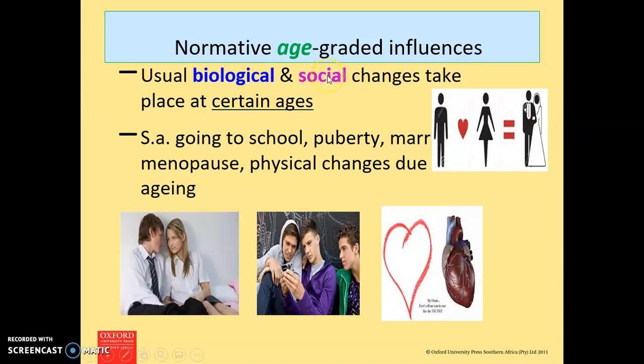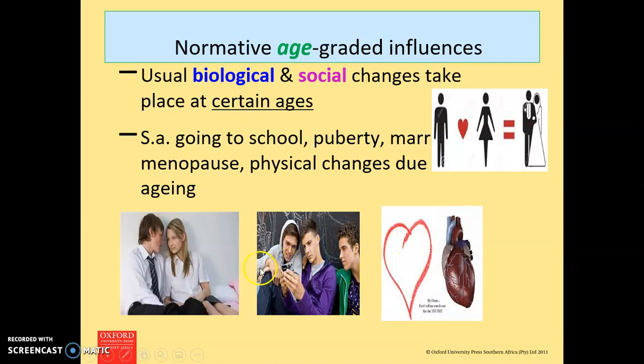Normative age-graded influences refer to the biological and social changes that take place at a certain age. Because we talk about human lifespans, we talk about the increase in age with the increase in physical development, and also mental development, and also career development. For example, at a young age, people tend to fall in love; that is age graded.